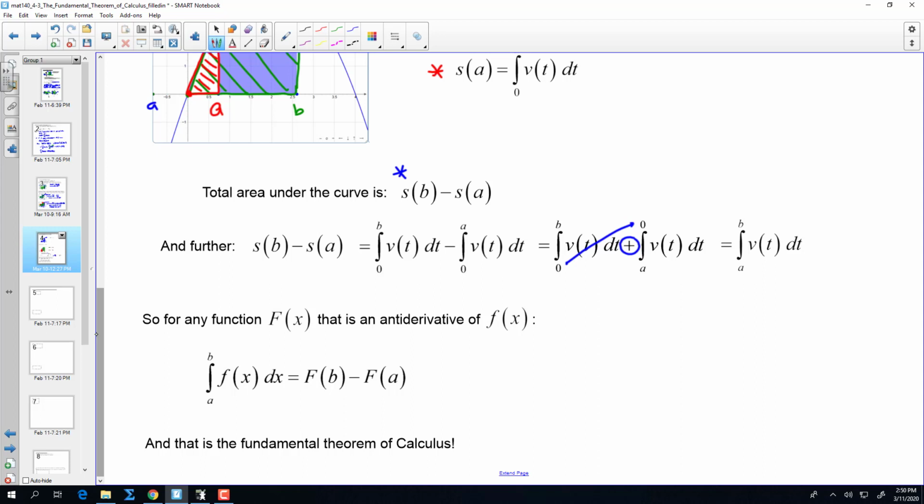That will make our work so much easier, because from this point forward we no longer have to do Riemann sums in order to get exact areas under curves. We can use antiderivatives to do that, and that's really going to help us out in the future.